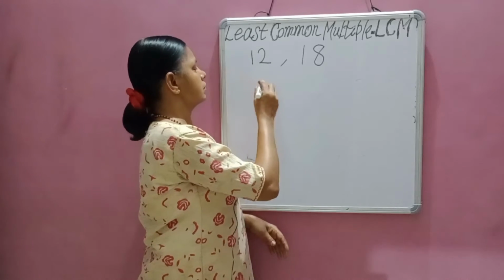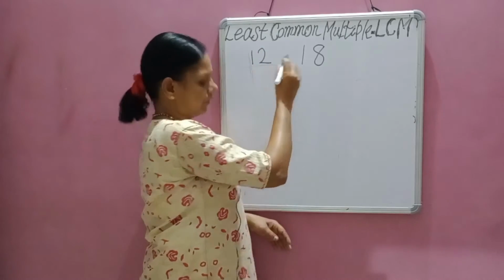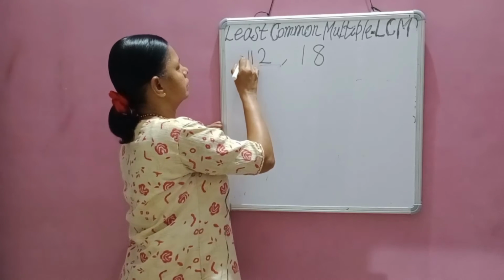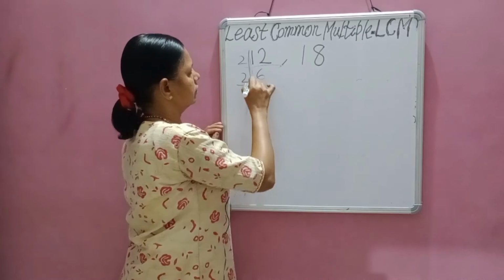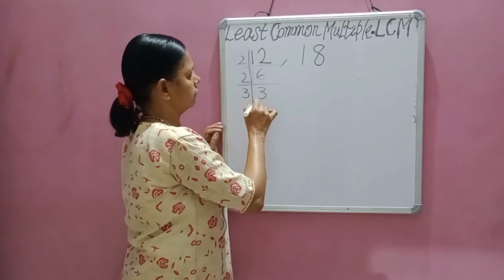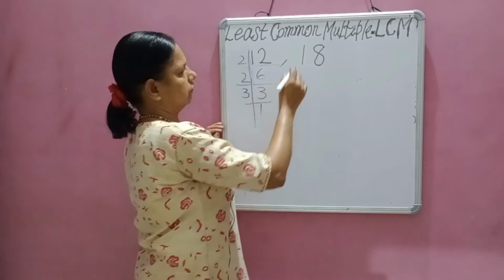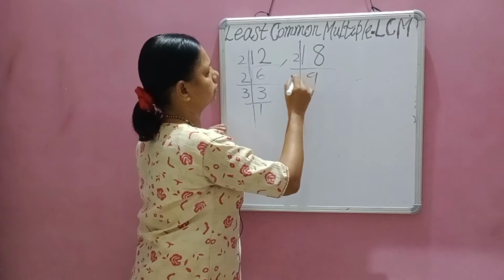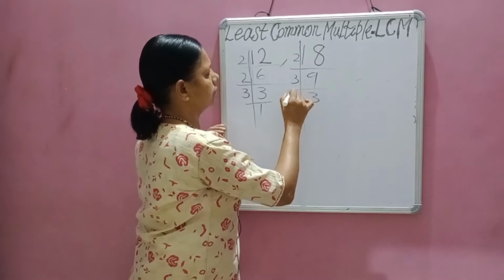So how is it? 12 divided by, which is the least prime number? 2, then 6, again 2, 3, 3, 1. Till you get 1. Now similarly 18, 2, 9, 3, 3, 3, 1.